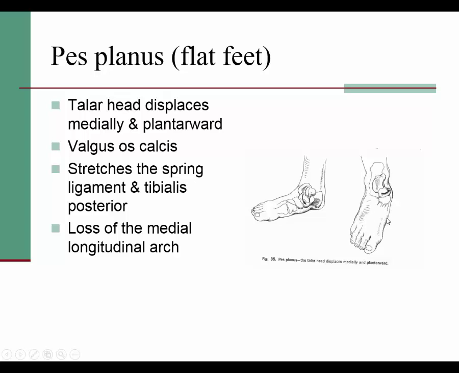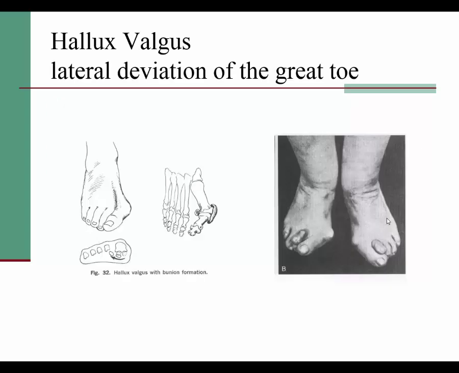Hallux valgus, this is lateral deviation of the great toe. In years past, every now and then I'll have a student who is brave enough to show us their hallux valgus. It's never been this extreme at all, but as our patients get older and there's not as much use in the lower extremity, a lot of times these malformations can occur as time goes on, and it's not uncommon to see this in a skilled nursing facility with our older patients.